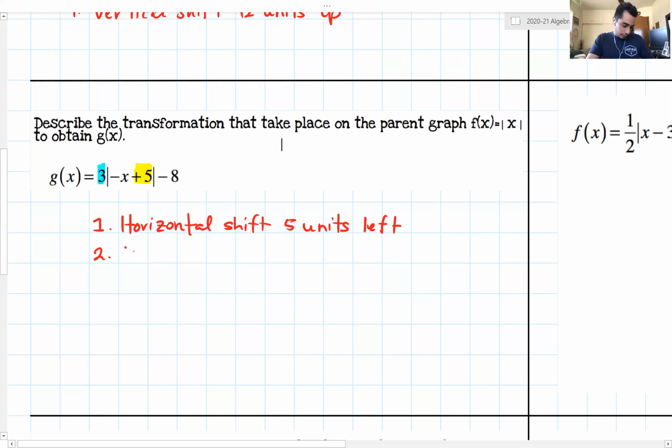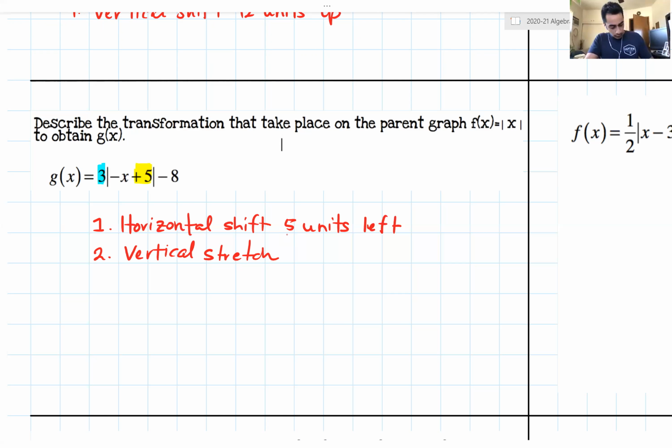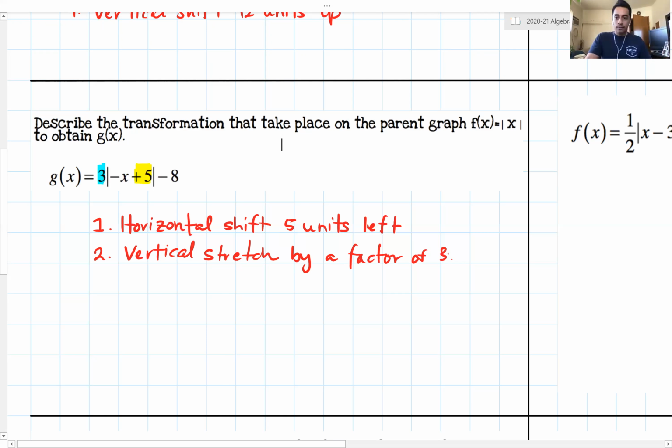Yeah, we have a vertical stretch. Correct. And it's a stretch because it's greater than 1. So vertical stretch by a factor of 3, right?